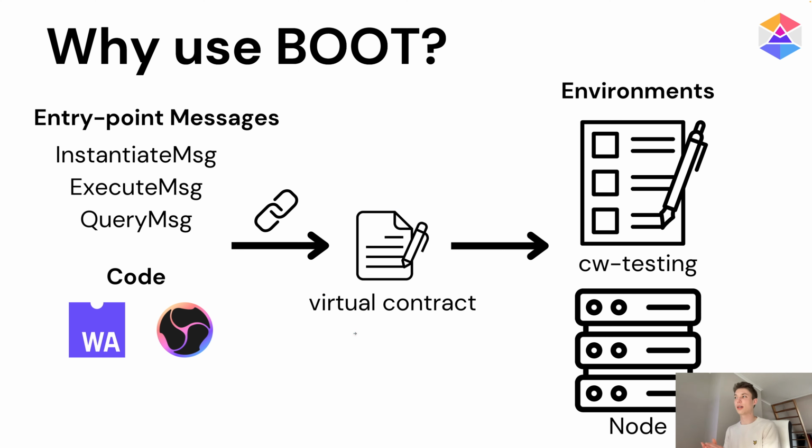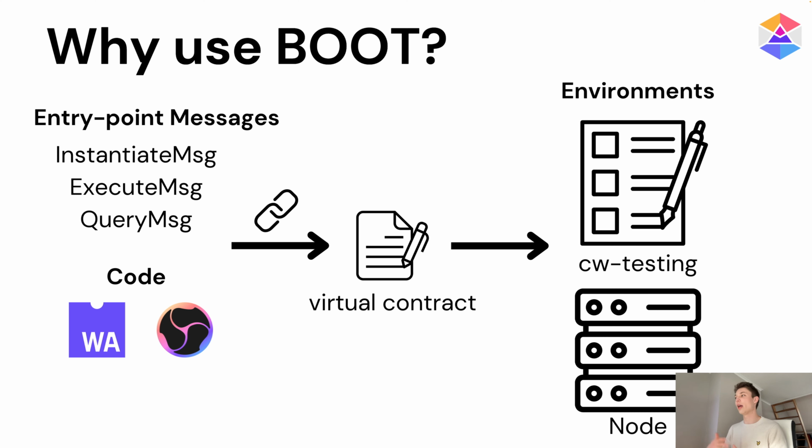And this virtual contract is what you will be interacting with. Then you can pass in an environment to the virtual contract, and the interactions that you call on the virtual contract are generic over the environment that CosmWasm contracts can be deployed on.